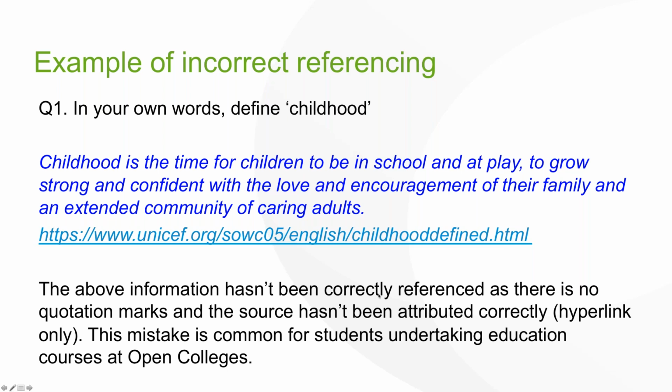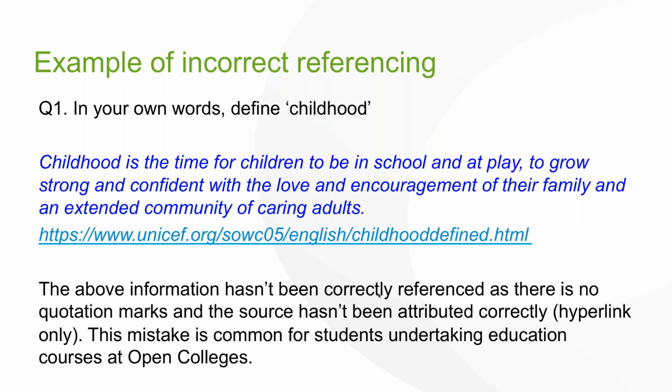Now, this information hasn't been referenced correctly as there are no quotation marks and the source hasn't been attributed correctly. There's only the hyperlink. We have no idea who the author was, when this was published, and perhaps if this is a text document with multiple pages, what page it comes from. And this is a common mistake that students undertaking courses at open colleges make.